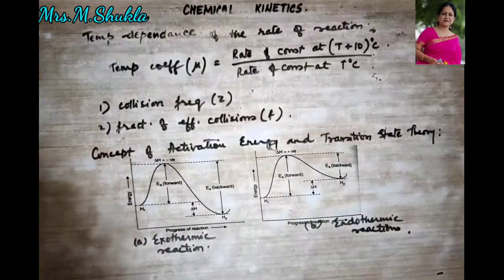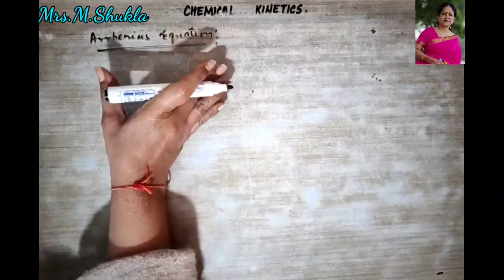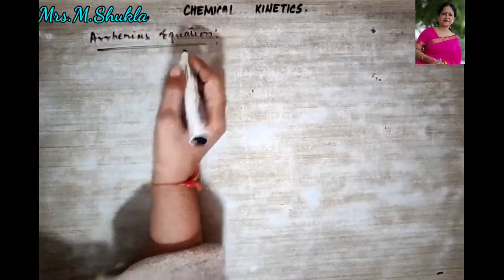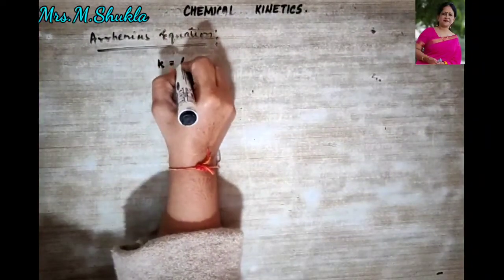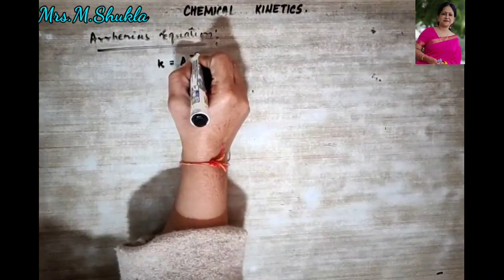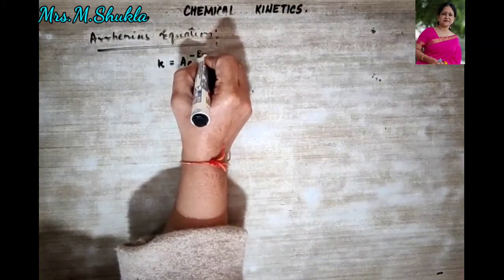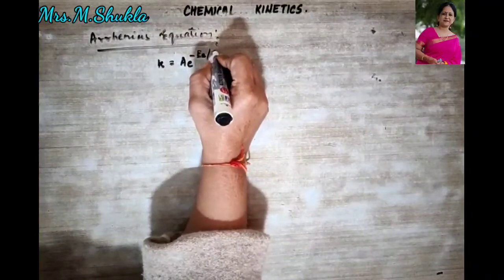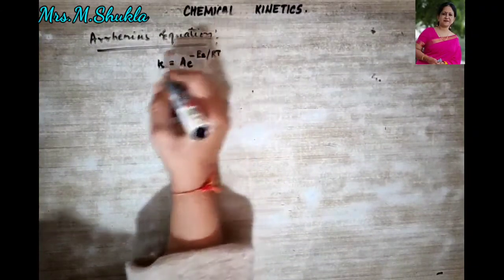Now let us understand the Arrhenius equation. It proposes a quantitative relationship between the rate constant and the temperature. How? The rate constant K is equal to A e to the power of minus the activation energy upon R into T. Now, what is K?